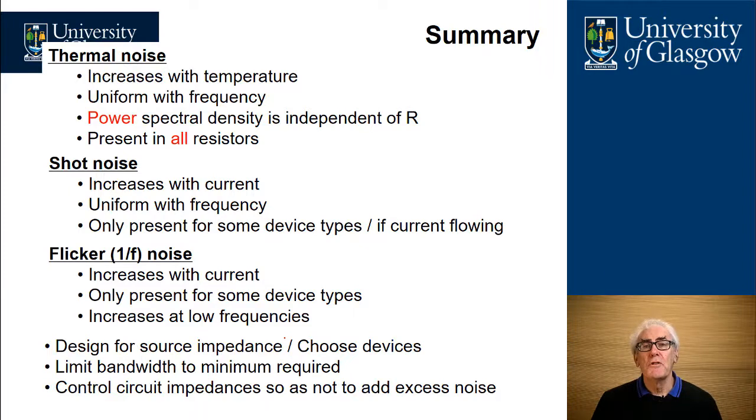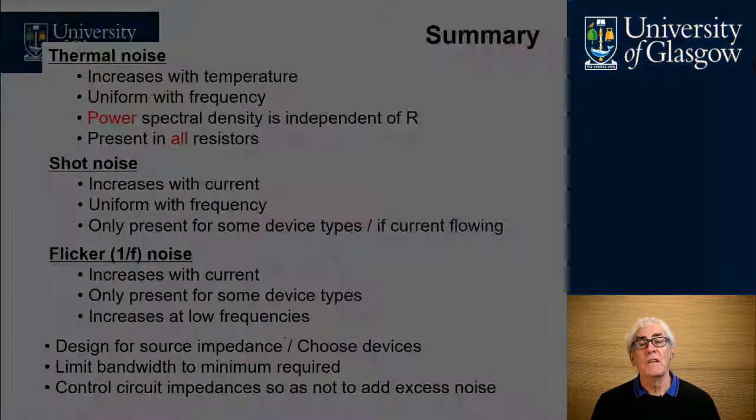In general terms, you should always try to limit the bandwidth, because in all these noise types, if you reduce the bandwidth, you reduce the overall effect of noise. And the last point is, if you can keep to low value source impedances and resistances, that will be beneficial to your design, because we will not be adding excess noise.